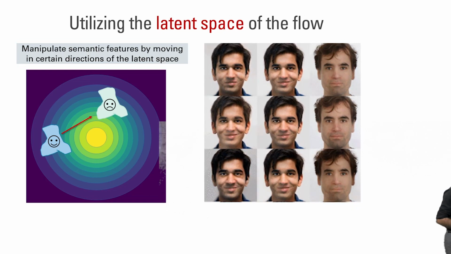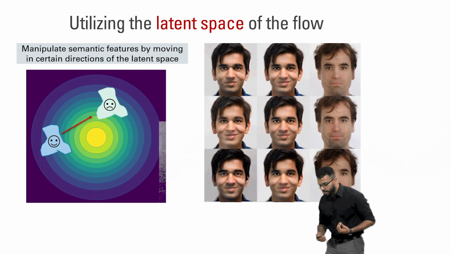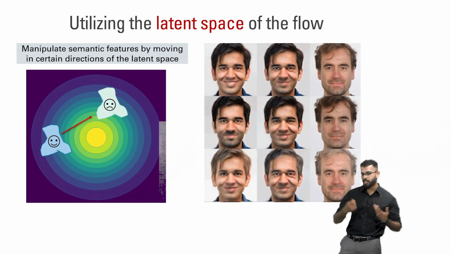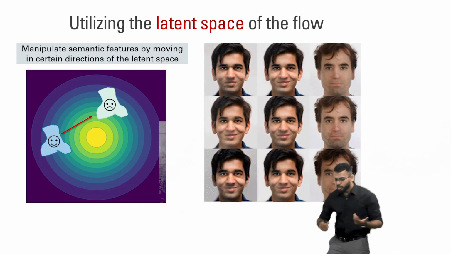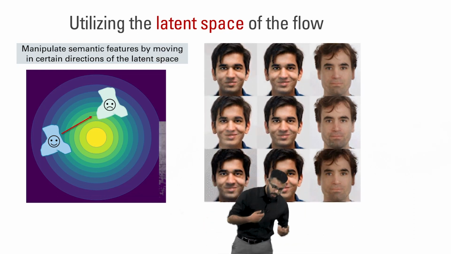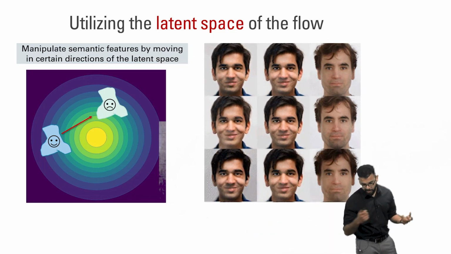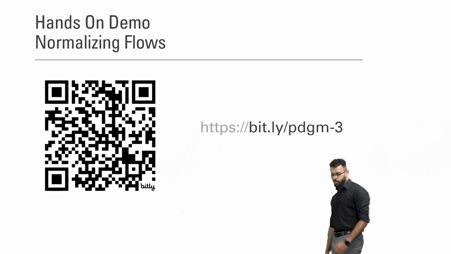I can look at this Z space, the latent space, which is simple, and if I interpolate in this Z space, I can get a continuous transformation between these two emotions, right? So you can come up with semantic associations for the different directions that you have in this latent space. There are cool things that you can do.